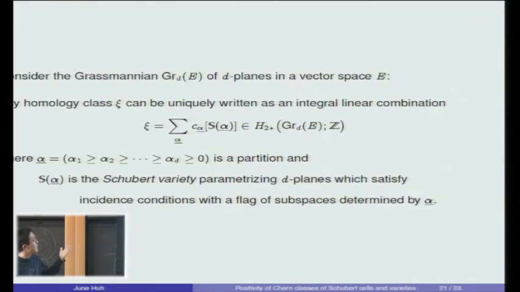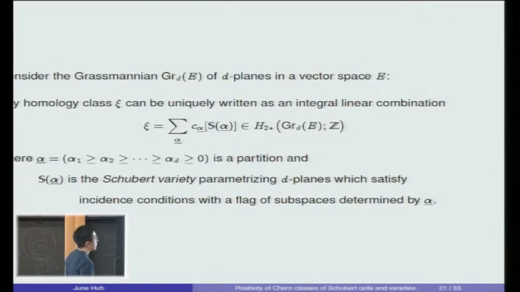Well, the point is that this Grassmannian is a disjoint union of Schubert cells, each of which is the set of all d-planes which strictly satisfy these incidence conditions, and each cell is isomorphic to an affine space.